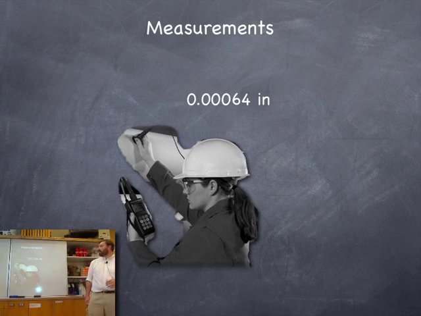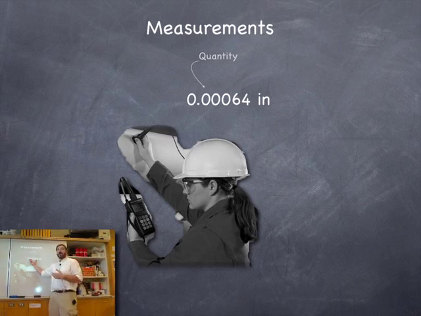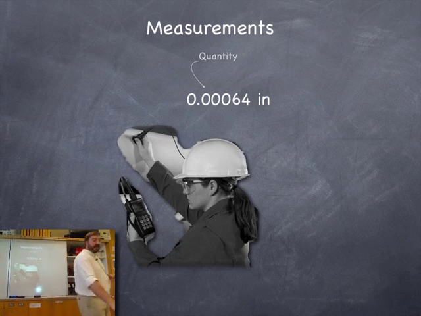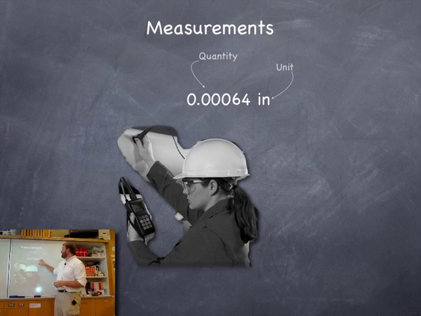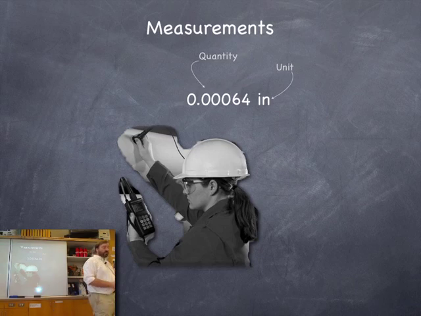Okay? So that number is comprised of two parts. It has the quantity, the actual numerical value, but that is useless without the units. Okay? So this device may spit out answers in inches or centimeters or millimeters or whatever.